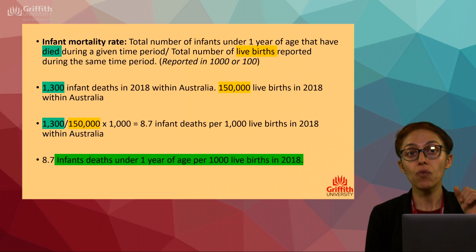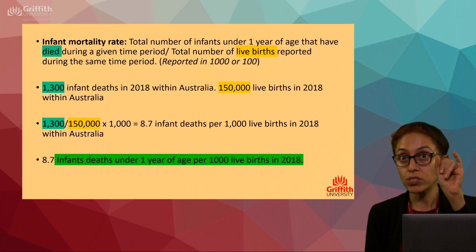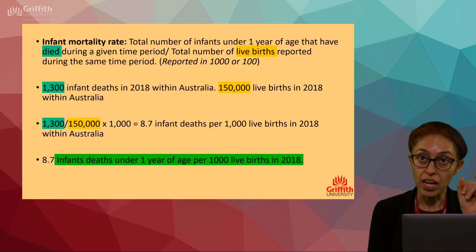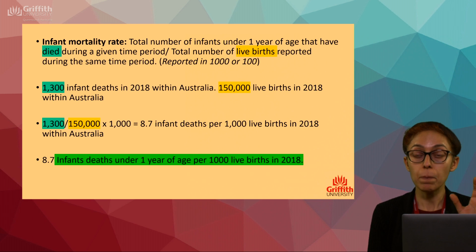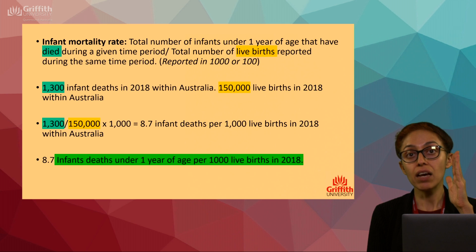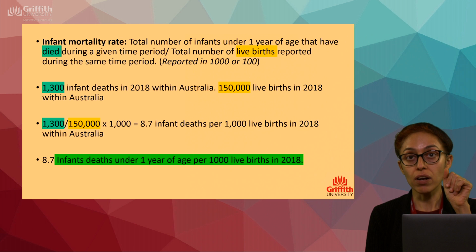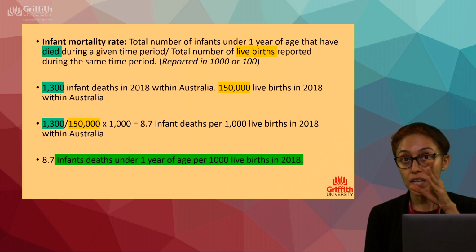So you have the color in blue, which is 1,300. So many infants died in 2018 in Australia. Again, a hypothetical example just for you to understand the concept. And there is the number in yellow, which is 150,000 live births.